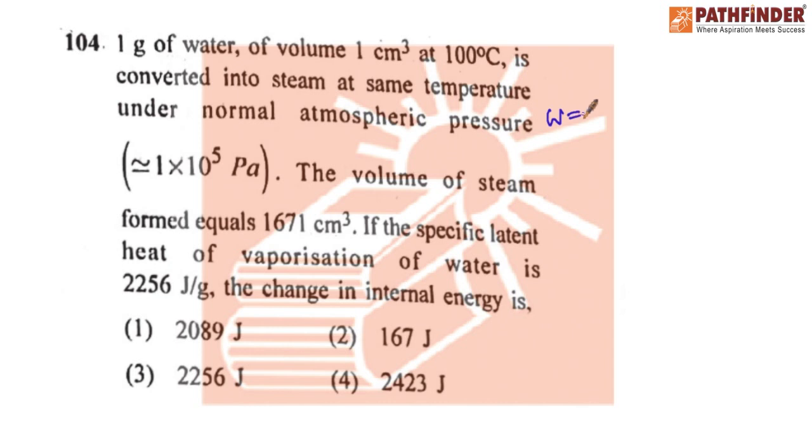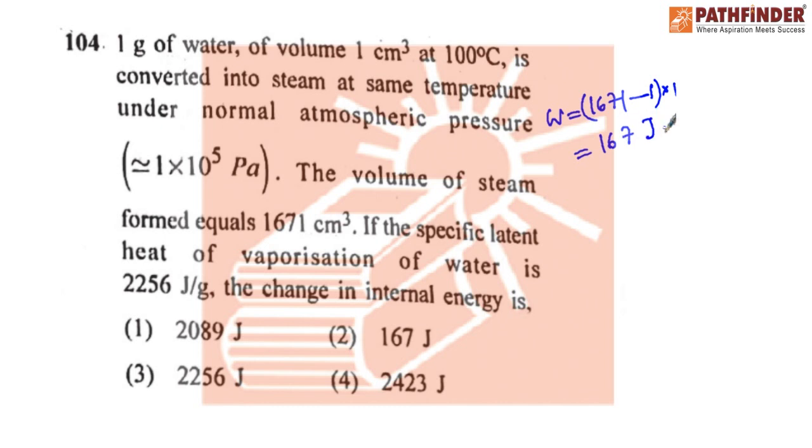The work done is equal to the volume change times the pressure. 1671 is the final volume, and the initial volume was 1, taking ideal gas. Times 10 to the power minus 6, because it was centimeter cube, we have to convert it into meter cube, and there is 10 to the power 5. So this is clearly 167 joule.